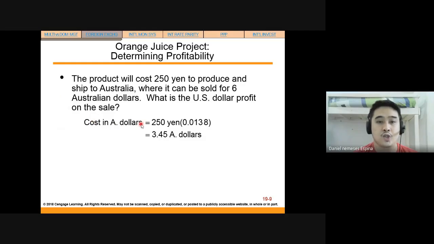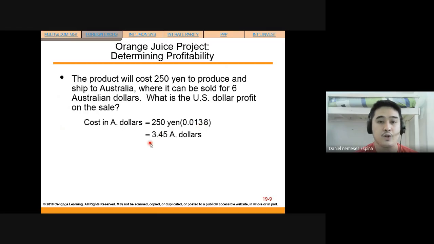So first, let's determine the cost in Australian dollar. We have determined the cross rate: per 1 yen, the equivalent of the Australian dollar is 0.0138. We have already computed this using the inverse cross rate, the equivalent of 1 yen to Australian dollar. Since we already have the cost in yen, multiply it by its inverse cross rate, 0.0138.